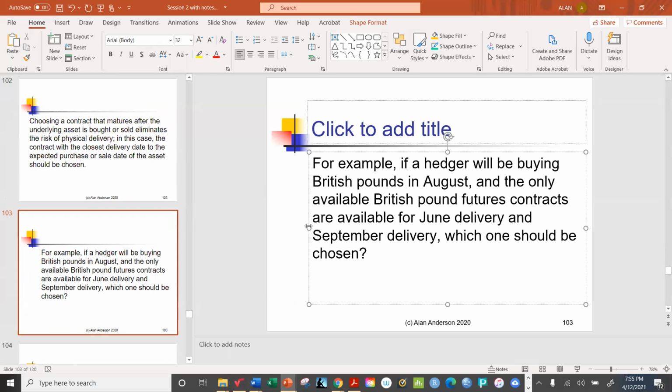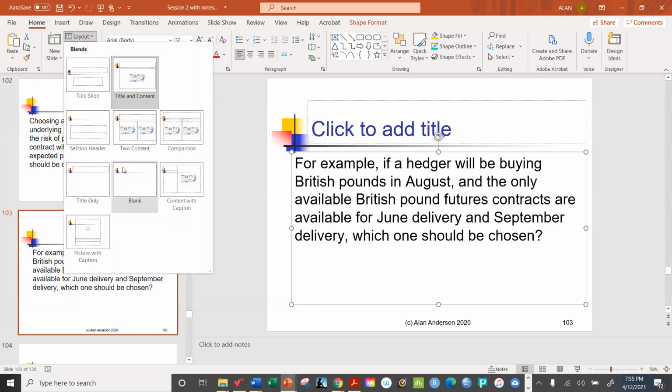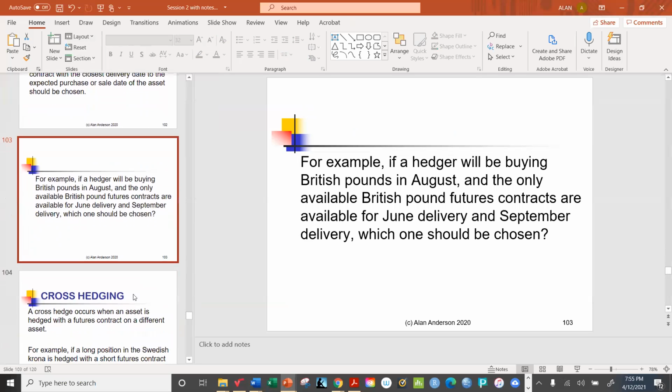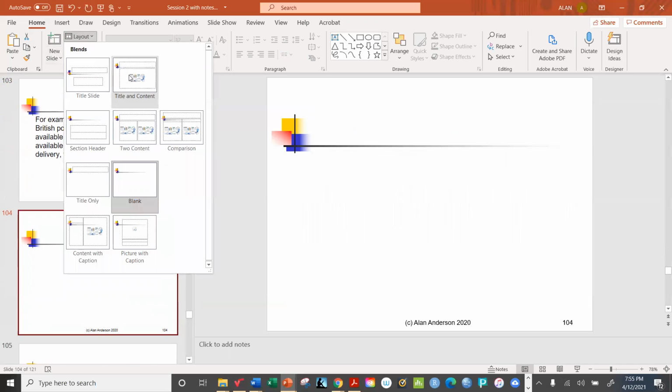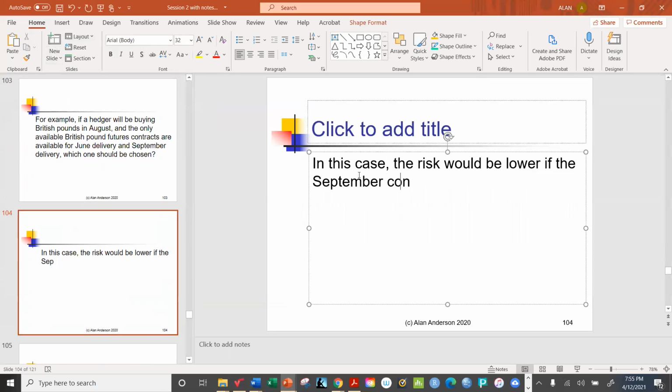Well, it turns out that the risk would be less in a case like this if we pick the longer maturity contract. So in this case, the risk would be lower if the September contract is chosen instead of the June contract.